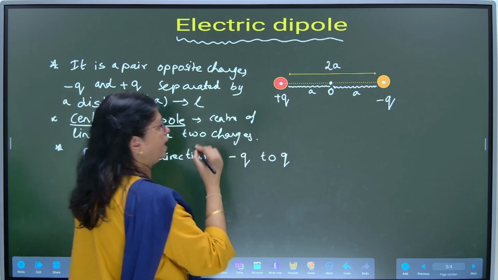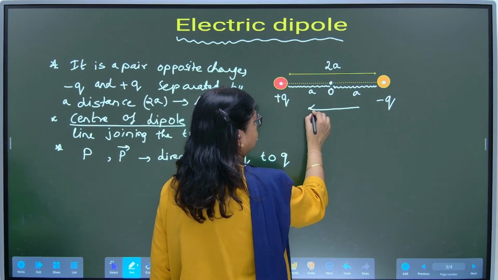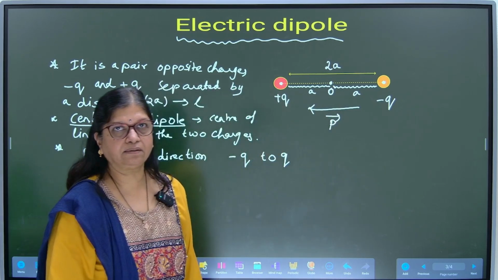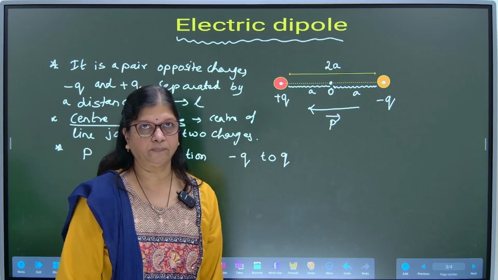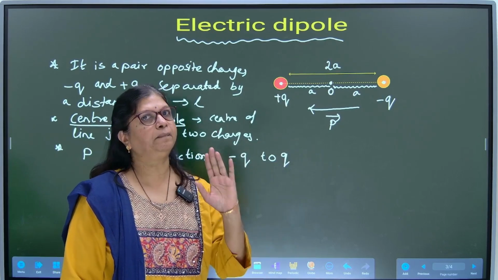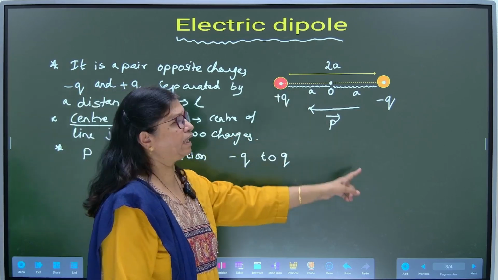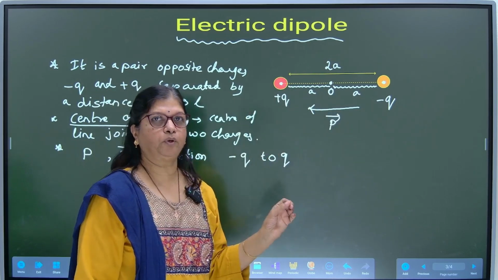Fine. So now I will mark it here from negative q to positive q. That is the direction of the electric dipole vector. Remember this also, by convention, the direction of the electric dipole is always from negative charge to the positive charge.